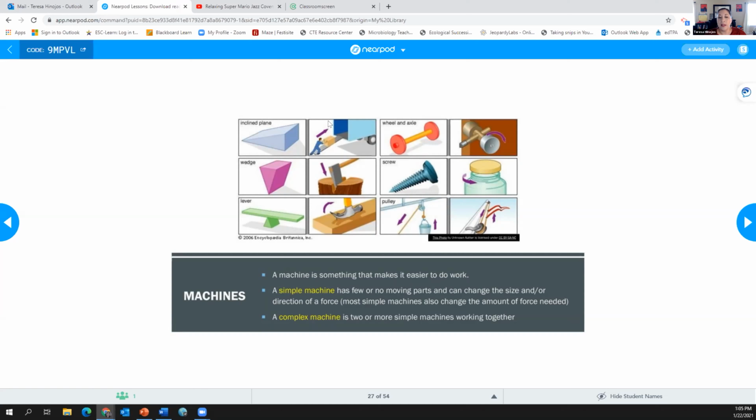So for example, if I'm looking at this guy here who's pushing the box, the guy could actually just lift it up there, right? The box could be on the floor at the base of the truck, and he could lift the box up there, but it would be really hard for him to do it if it's heavy. But when I put an inclined plane there, then he's able to push it up with less force.